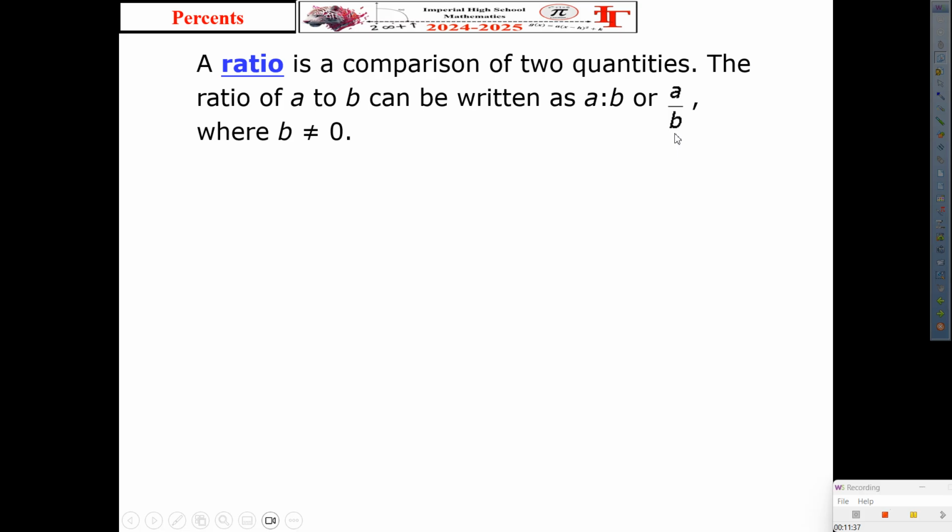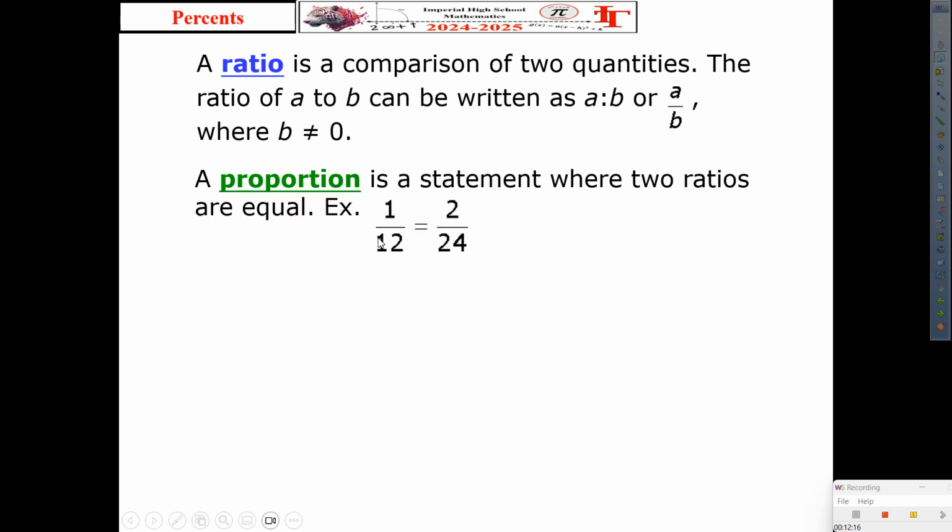What are we looking at right now? Ratio. Next one, proportion. What do you guys notice? A fraction equal to what? Another fraction. That's what a proportion is. When you have one fraction equal to another fraction, or, in other words, a ratio equal to another ratio. That is a what? A proportion.